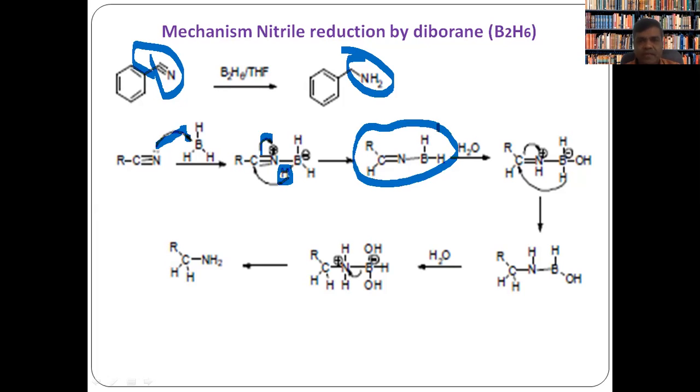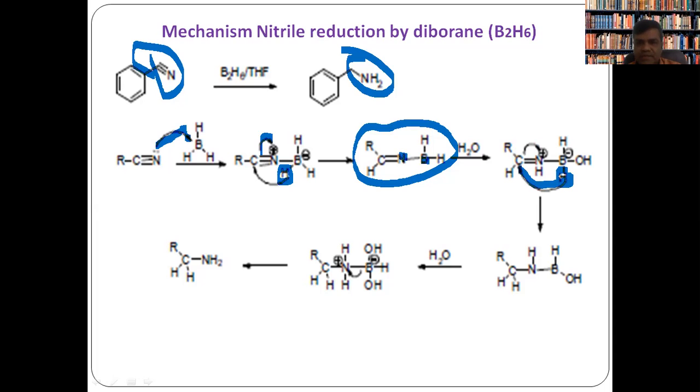We get this. Now, on hydrolysis, what will happen? On hydrolysis, the hydrogen goes to nitrogen, and OH attaches to the boron. If you consider the ionization of water as H positive and OH negative, H positive goes to nitrogen and OH negative goes to boron, and we get this. Then nitrogen gains its lone pair, carbonium ion formation, and then hydride ion transfer to the carbon.